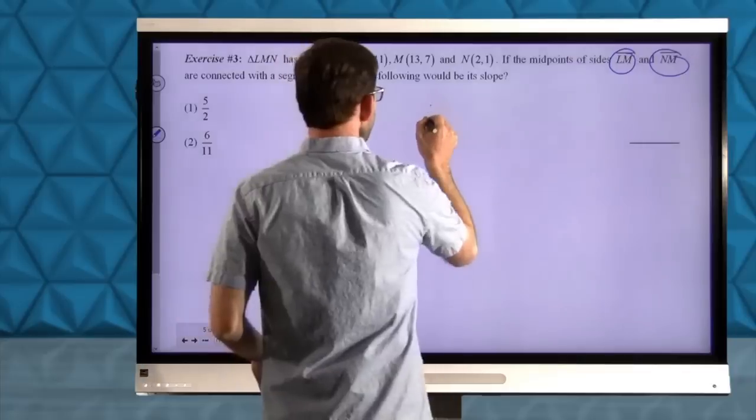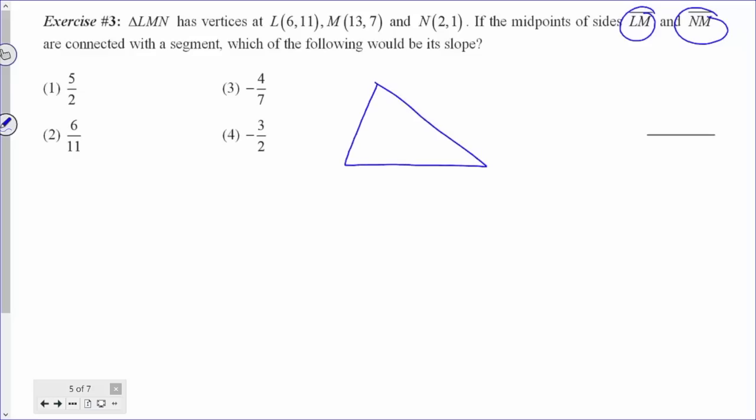But if you think about this for a moment, if I draw out this triangle, L, M, N, right? And it says if I connect the midpoints of LM and NM, what would be the slope of that line segment?